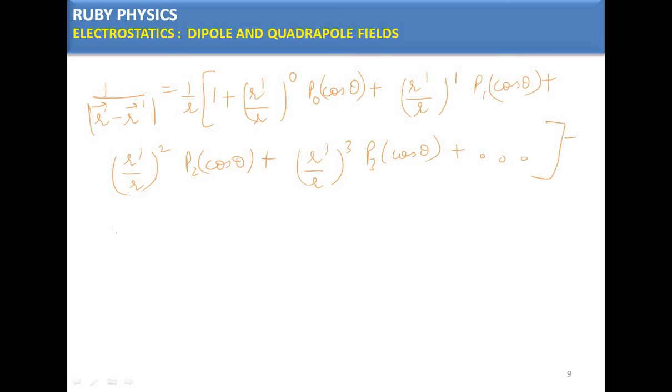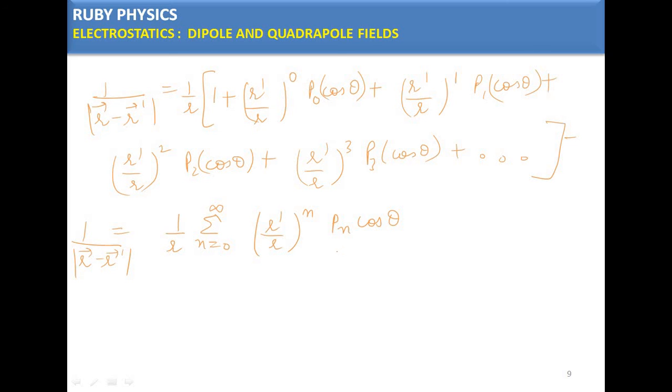I can write it as 1 by r summation n equal to 0 to infinity (r dash upon r) to the power n Pn cos theta. So simply I have simplified this equation for 1 upon r minus r dash. I hope it's clear.